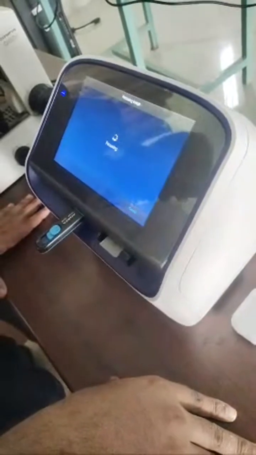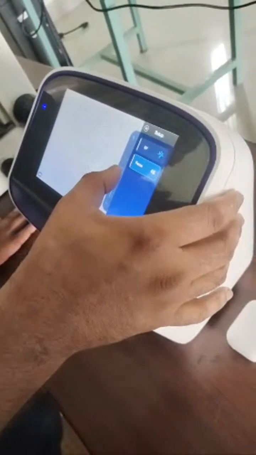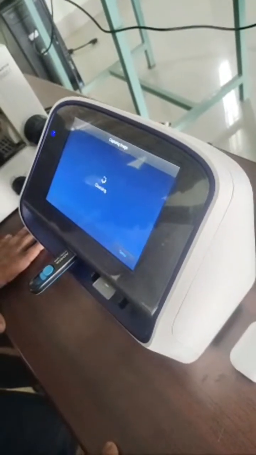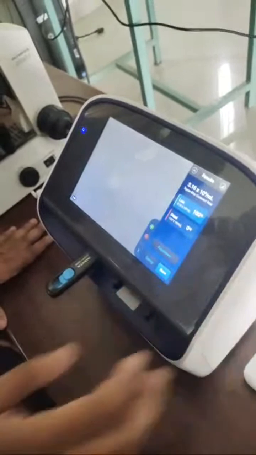Okay, see on the other side. Once you do the focusing correctly, you will be able to get the right count.